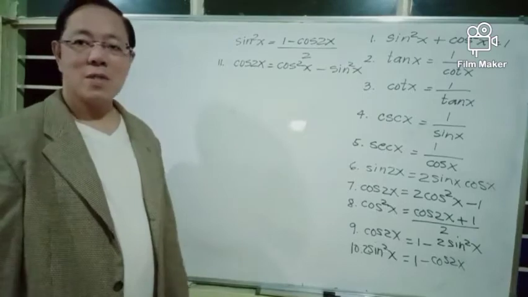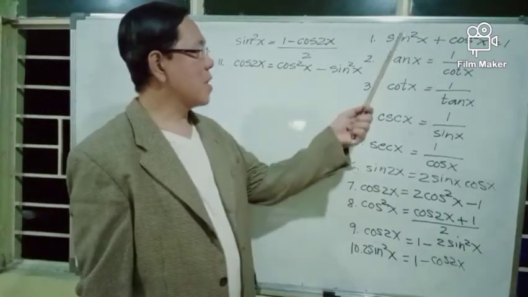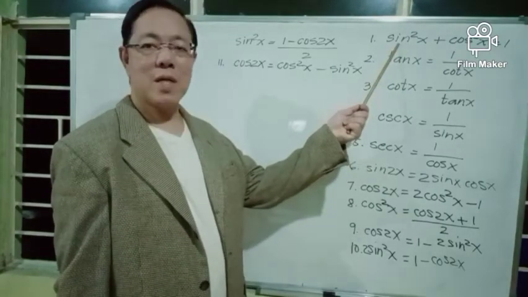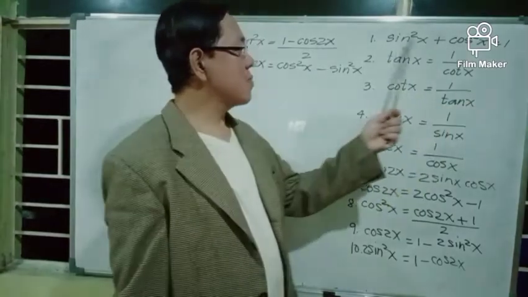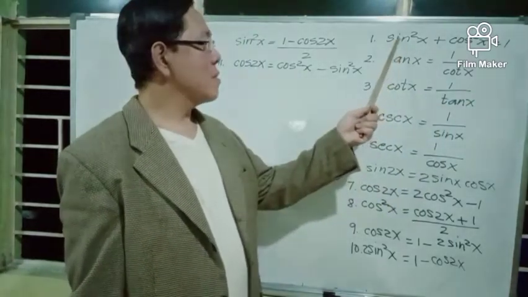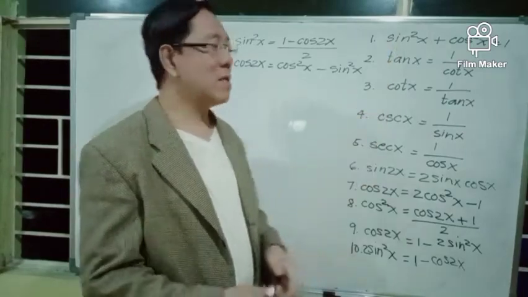The next trigonometric identities can be obtained from this Pythagorean identity. If we divide both sides by sine squared x, we divide sine squared x by sine squared x, we get 1.